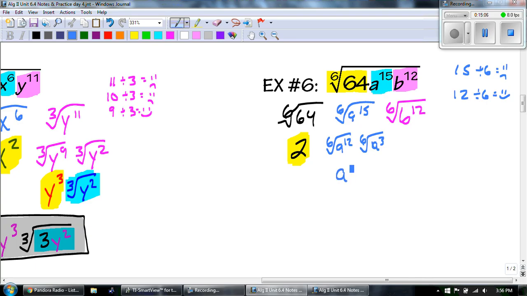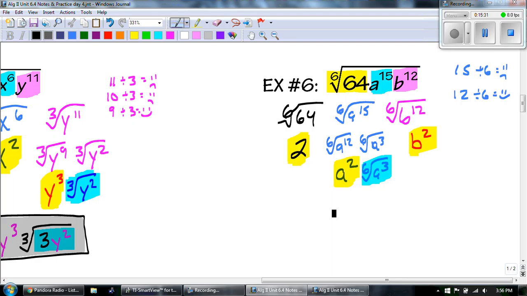That breaks down to a squared because 12 divided by 6 is 2, and then we have 6a cubed, okay? So simplified remainder. And then 6b to the 12th, well, 12 divided by 6, we just did it, is 2. And that's part of my simplified part.